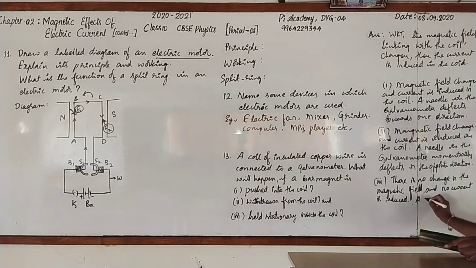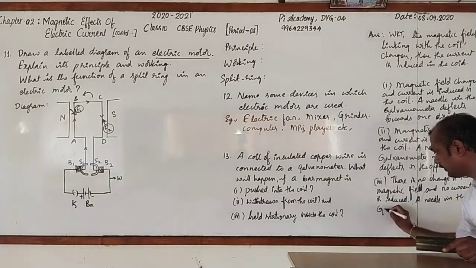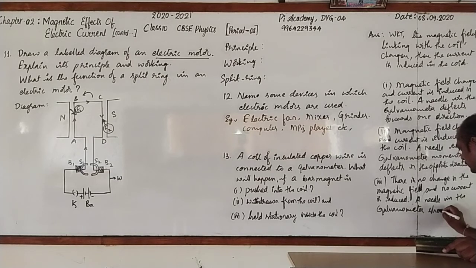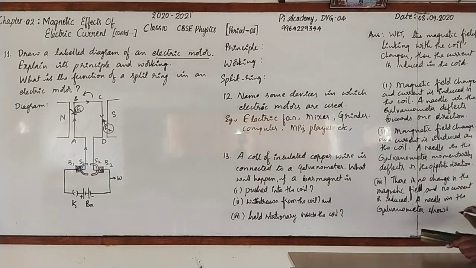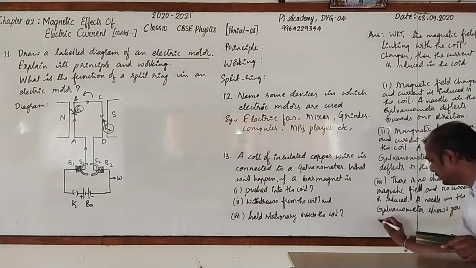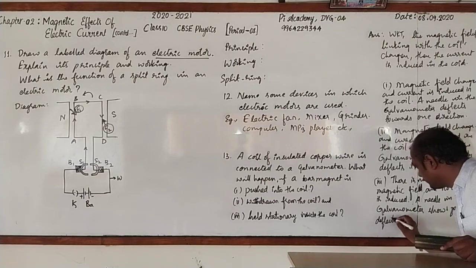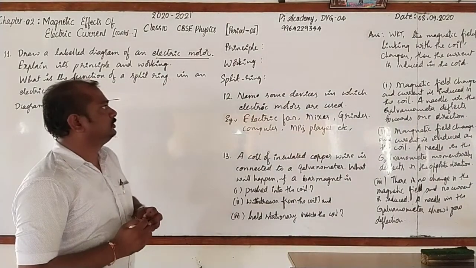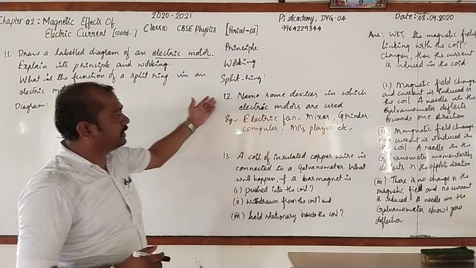Then the needle in the galvanometer shows zero deflection. Here, zero deflection. Hope that you have understood. Yes, you may go for copying from here to there.